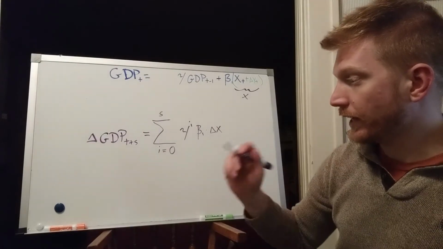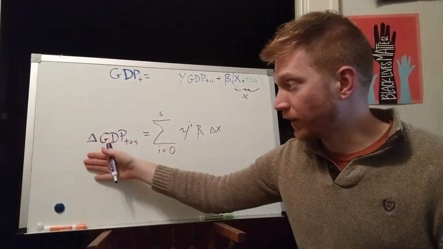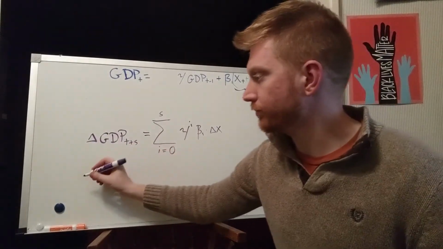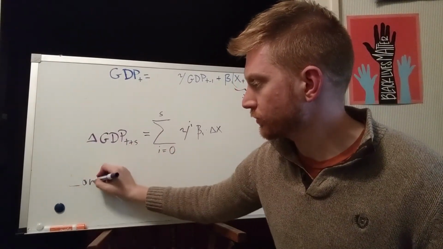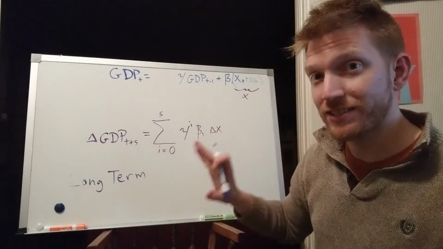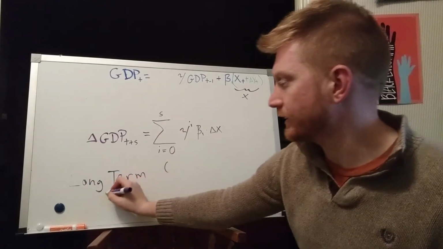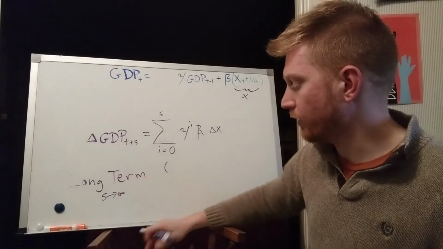Now, what we're actually interested in is what happens in the long term. What the long term in this sense means is what happens as we go out to infinity.